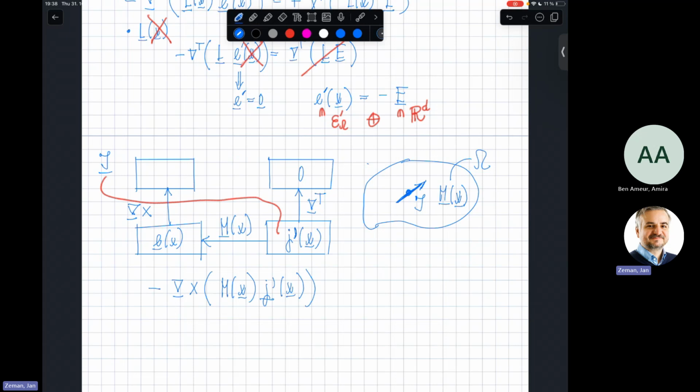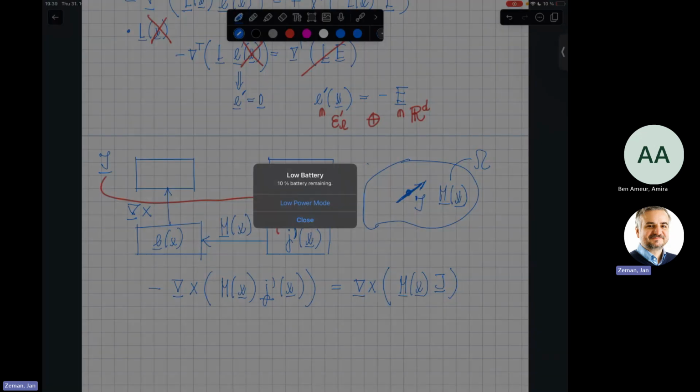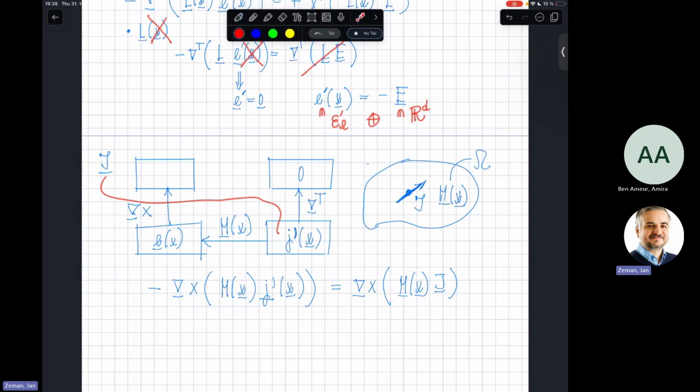And what I have on the right-hand side is precisely the same beast: the curl of the field obtained by taking these dual coefficients and multiplying them by j. And again, this poor guy would like to be minus j, so it would also like to be constant. But he actually cannot, because it is located in an orthogonal component.